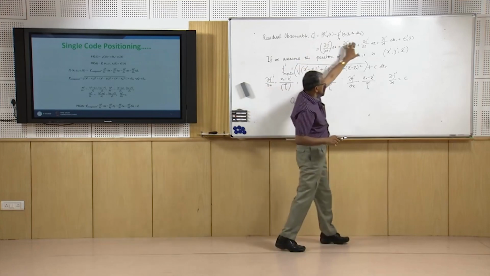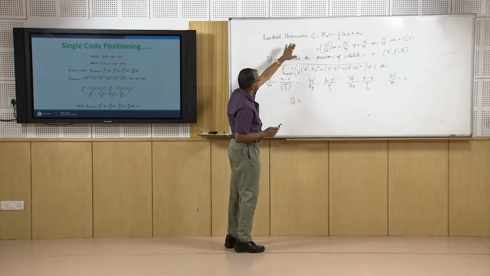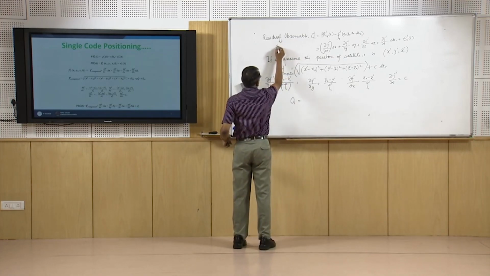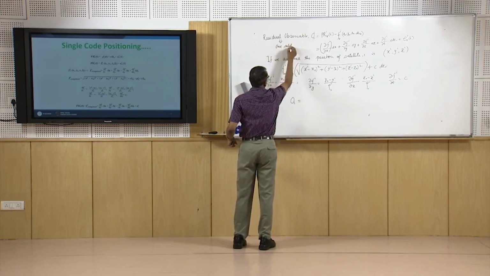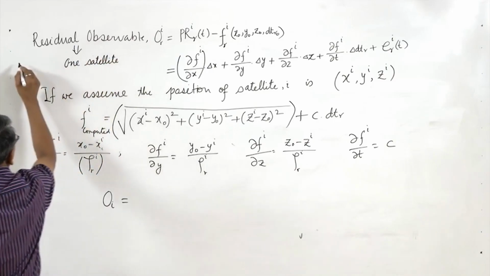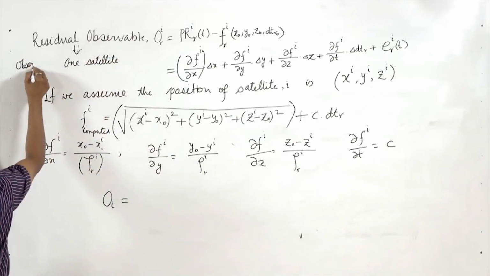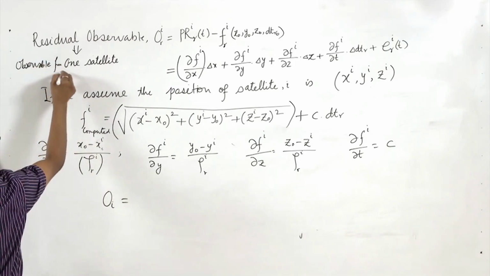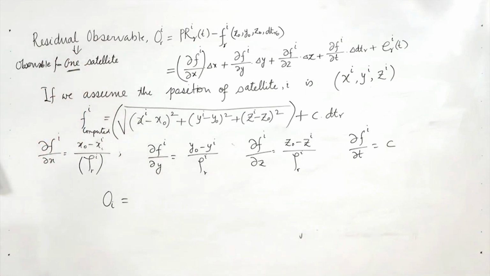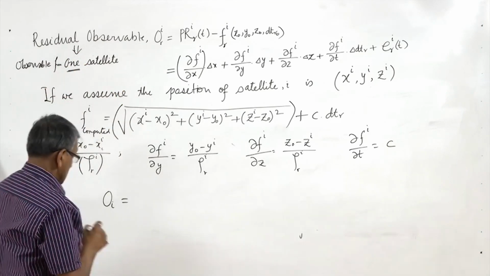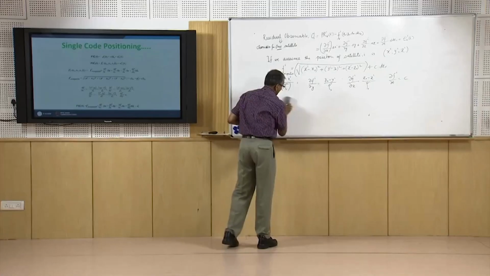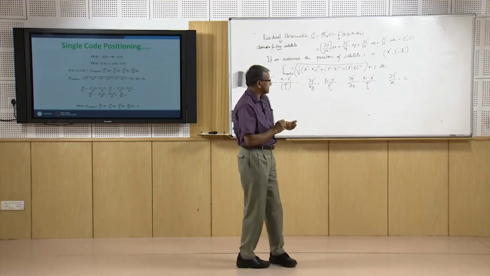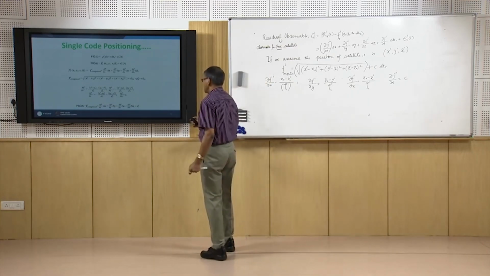So we get a residual observable equation, and this equation is from one satellite, the residual observable from one satellite. So if we have observables from m satellites, then we can write like this.